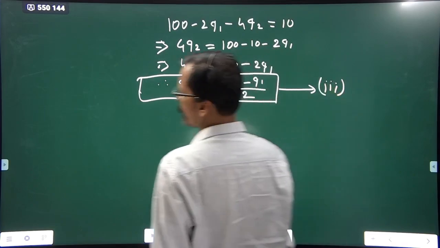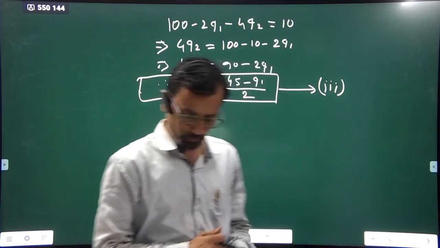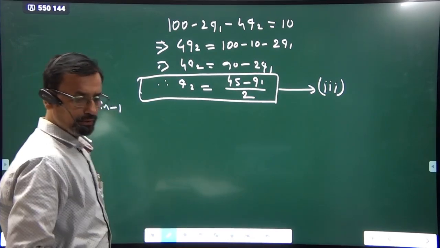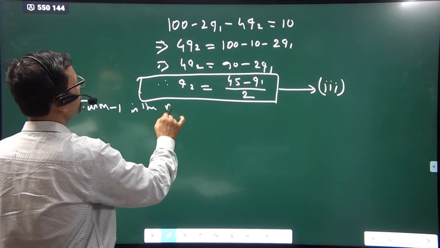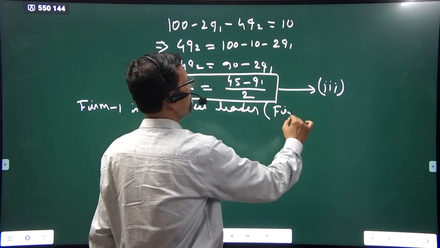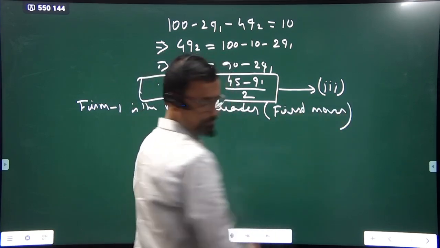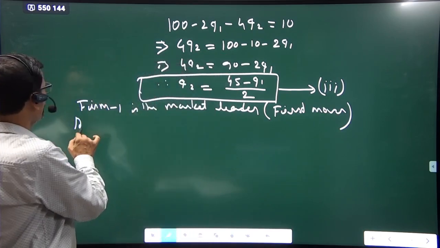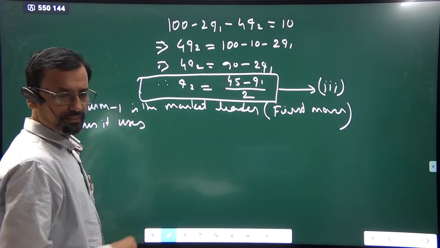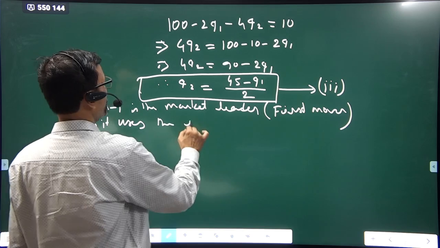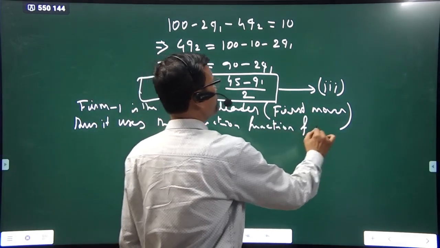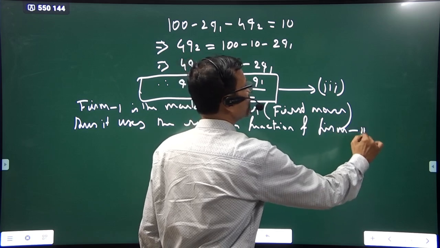By using this reaction function, firm 1 will decide its output. Firm 1 is the market leader, that is the first mover, and that is why, as per Stackelberg, it uses the reaction function of firm 2.